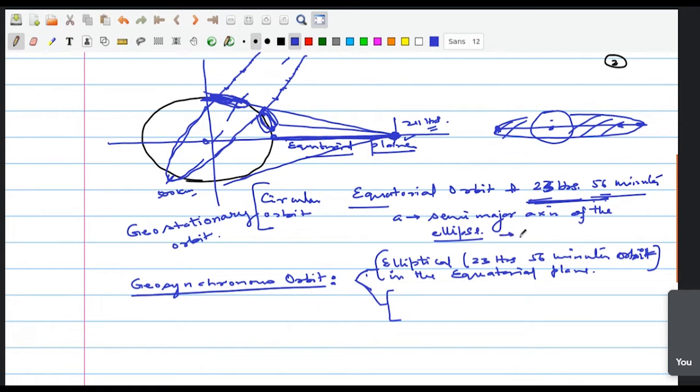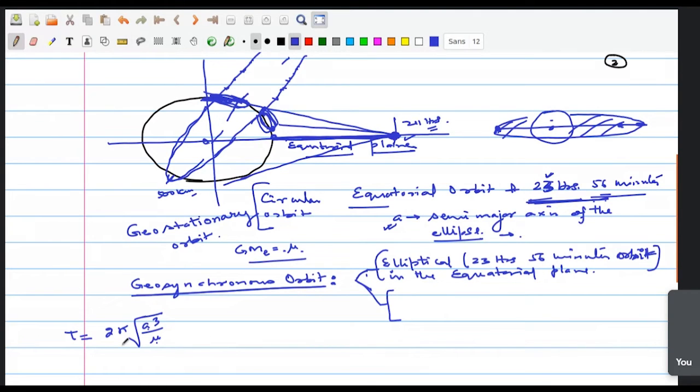So this will be the same as the time period of the orbit of any satellite. It can be written as 2 pi times the square root of A cubed divided by mu. Okay, so A here appears as the semi-major axis, and mu is the universal gravitational constant multiplied by the mass of the Earth.